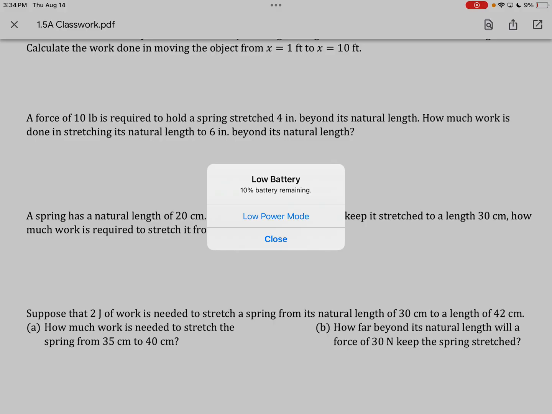Number 5. We gotta put it in. Oh, that's not 20, 25. I don't know.